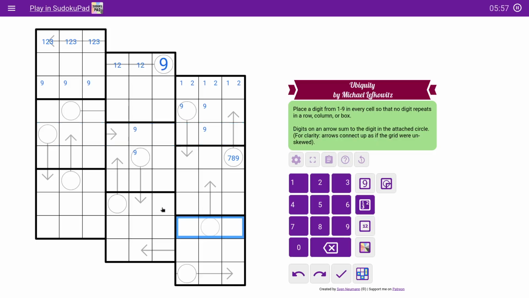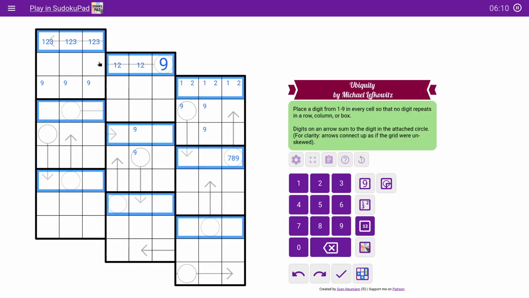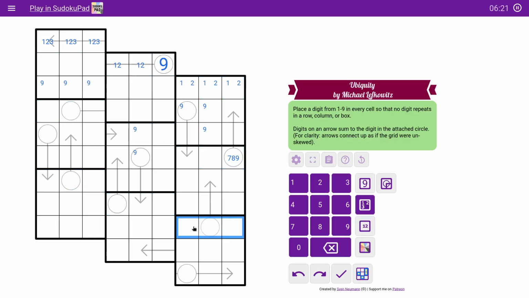Suppose there is a digit in here that is also in here. Then it's in here, and in here, and in here, all the way along. Suppose there's a digit in this group that is also in this group. Then it must be in this group, and this group, and this group.